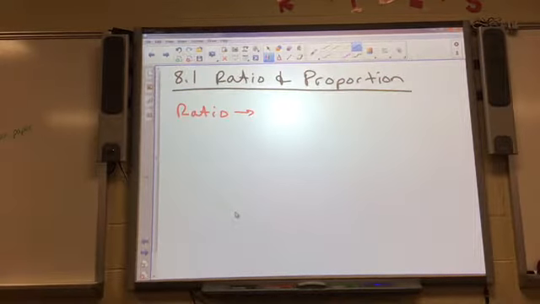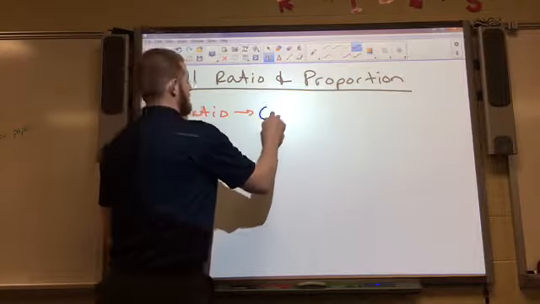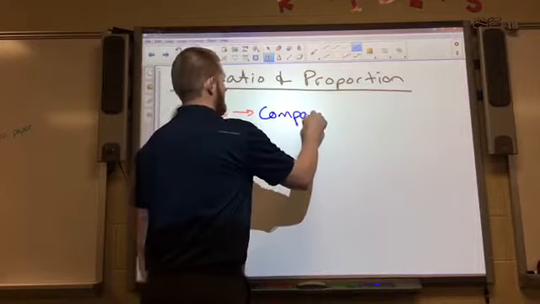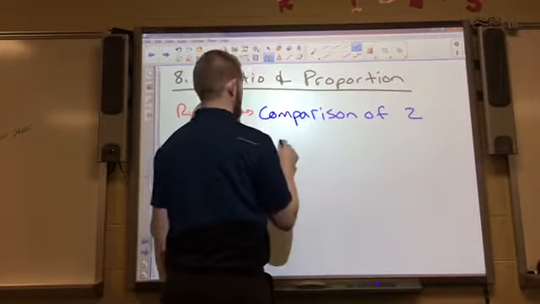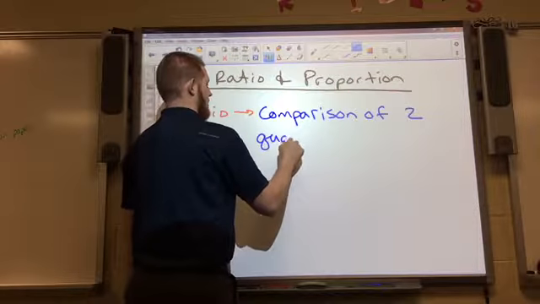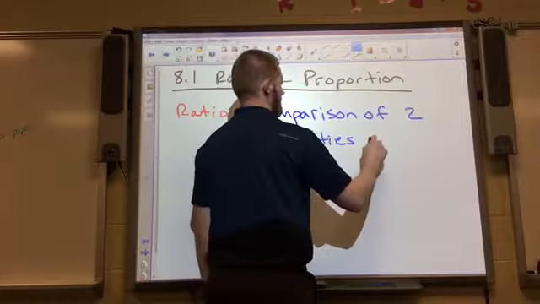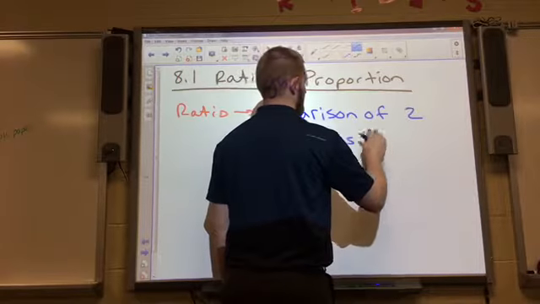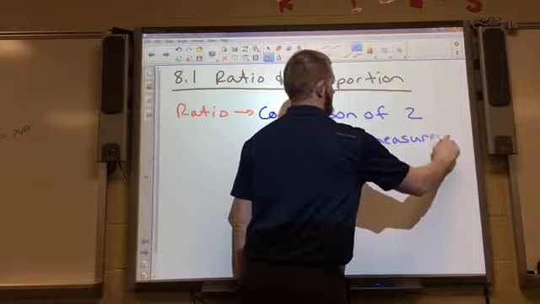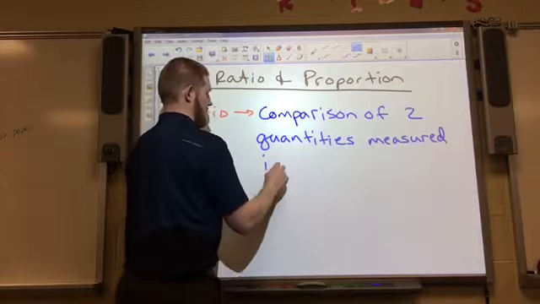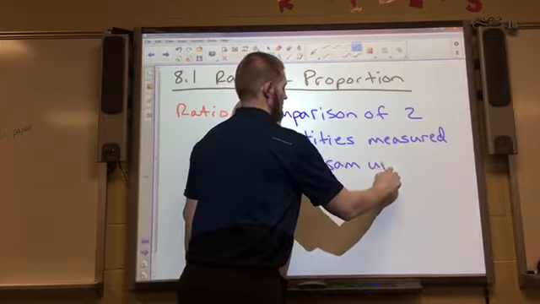A ratio is the comparison of two quantities measured in the same units.